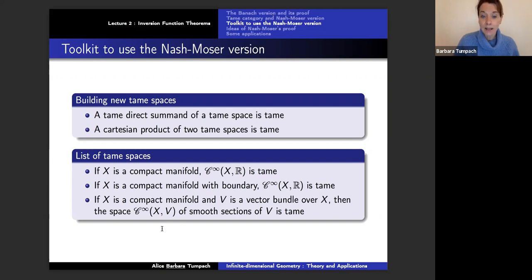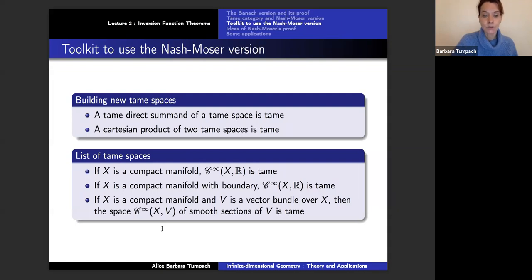If X is a compact manifold, the smooth functions on X are Tame. Even if the manifold X has boundary, the smooth functions on X are Tame. If we have a vector bundle V over a compact manifold, then the space of smooth sections of this vector bundle is also Tame.